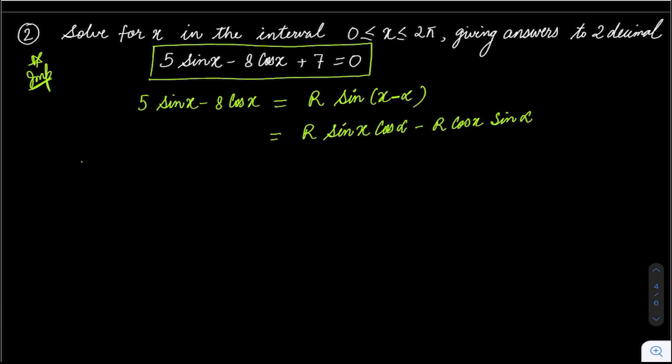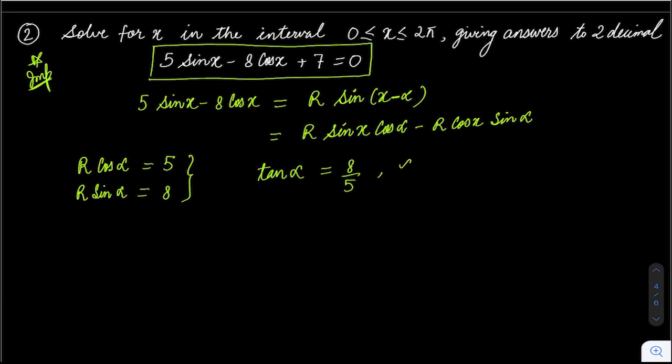Now I will find r and alpha. That is easy, I think, for everyone. So r cos alpha is equal to 5. And what is the cos x coefficient? r sine alpha is 8. So very quickly we can find r and alpha from this. Let's divide to get tan alpha, so tan alpha is equal to 8 over 5.